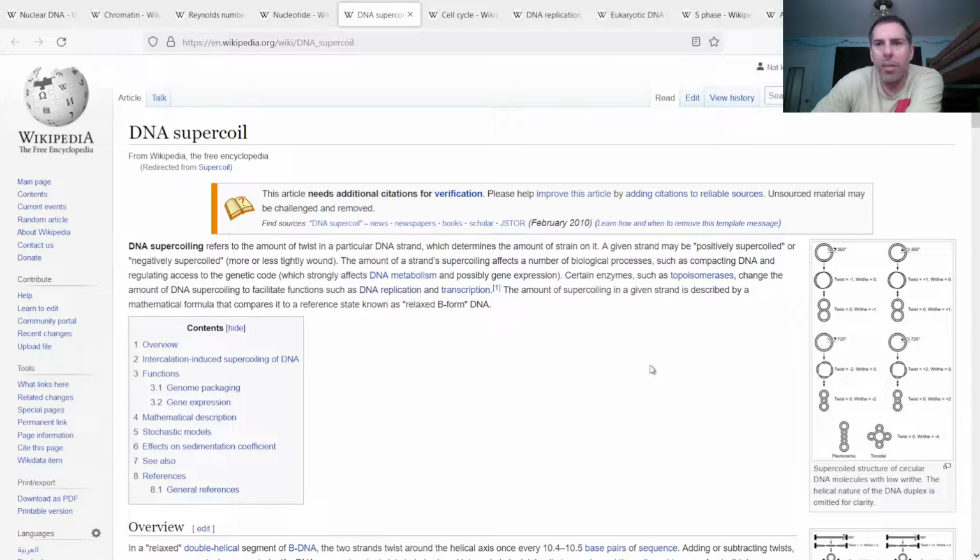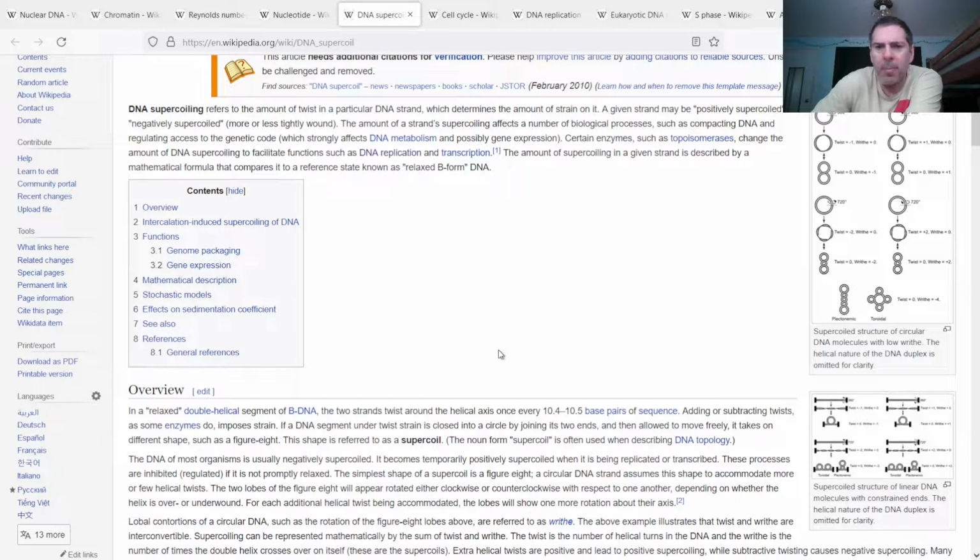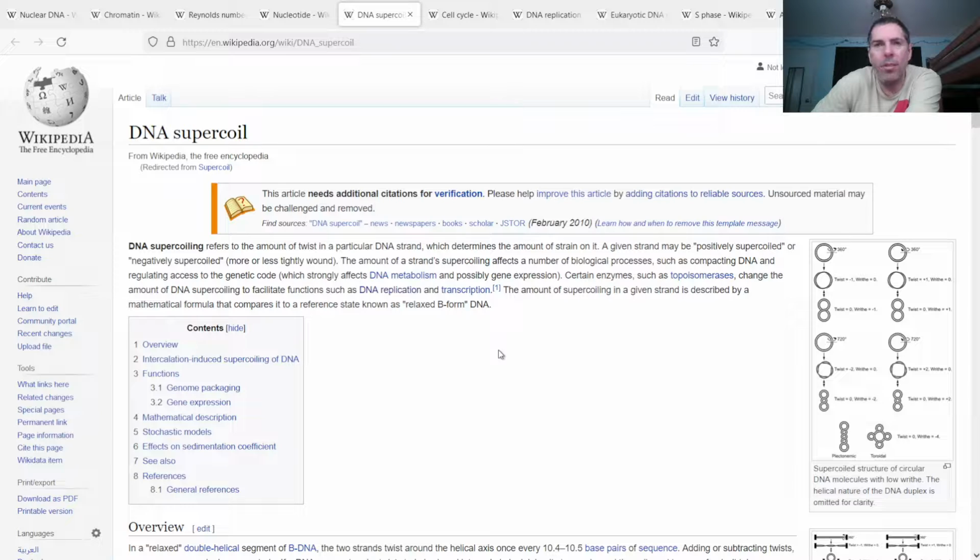So we're talking about eukaryotes and linear chromosomes, but there should still be some twisting and tension in the double-stranded DNA. So the DNA has to manage that tension and take steps ahead of time before it replicates the DNA.